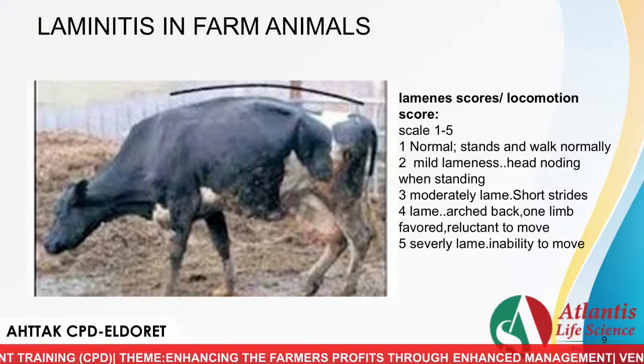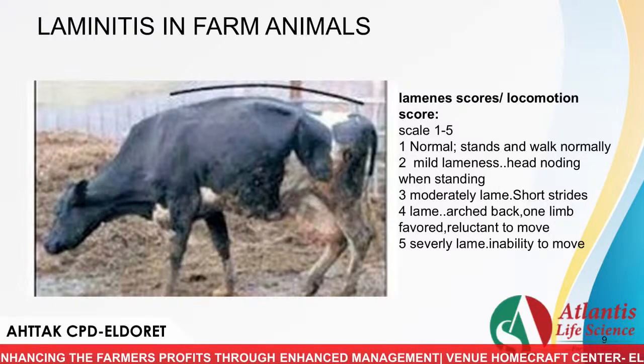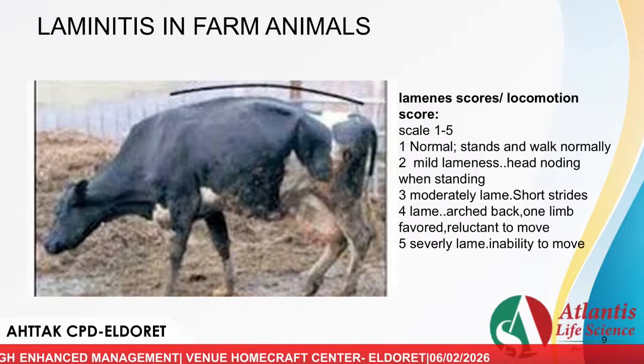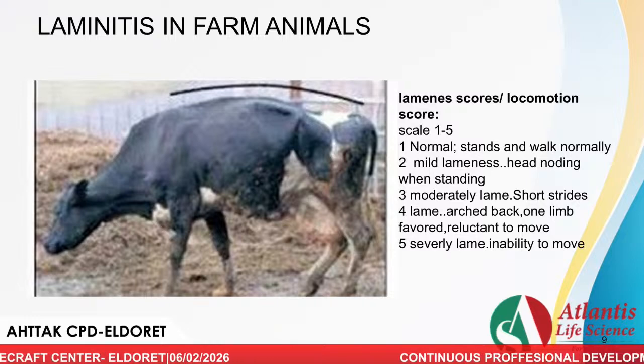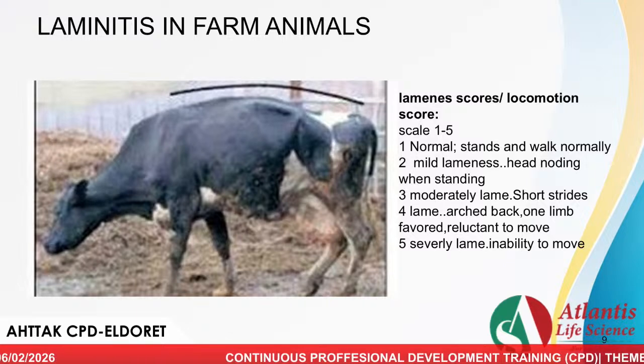Now, having said that, there is an image of an animal there. I don't know whether you can see. Based on what we've discussed, what scale do we give this one? This one is scale number 4, because one, there is an arched back.